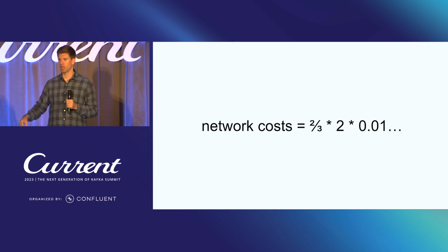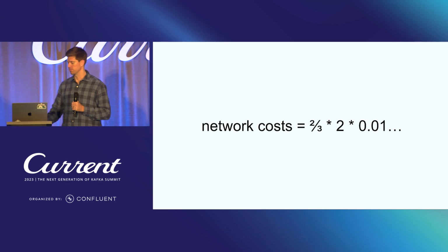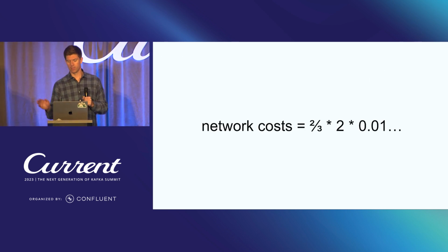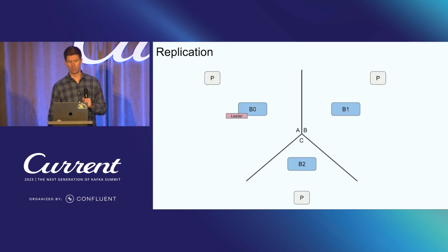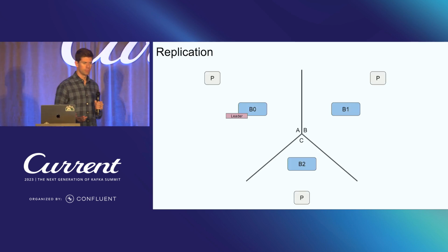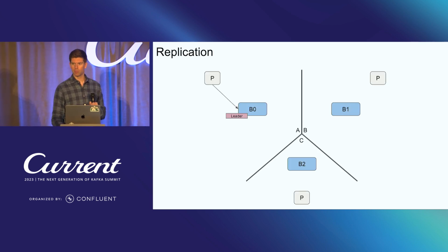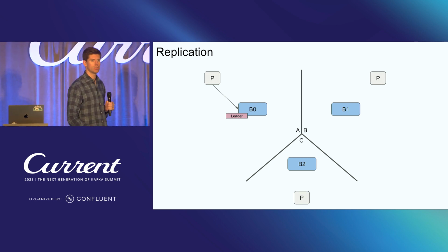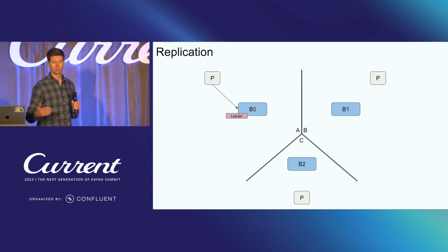That is just the production traffic. We're not done. Notice the dots at the end. There's more. Okay, replication. We produce some data, and we have an RF of 3, so the data needs to be replicated to the 2 other brokers.